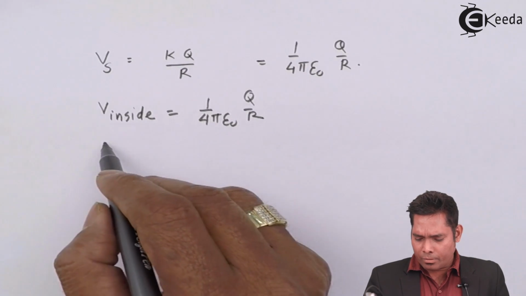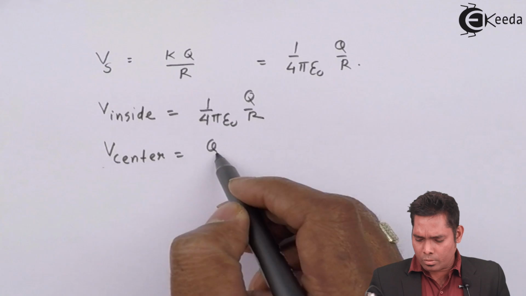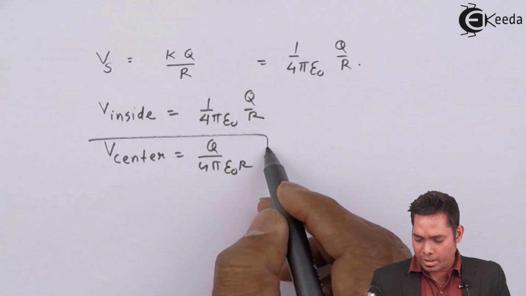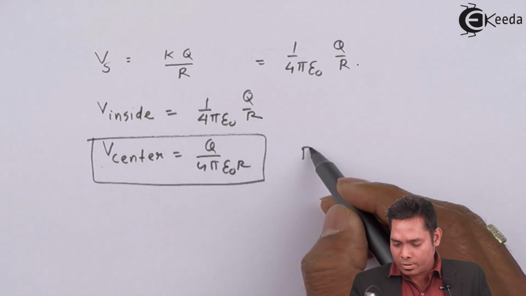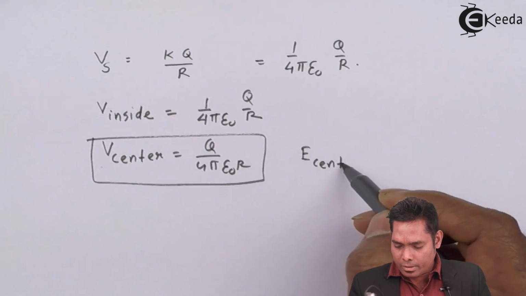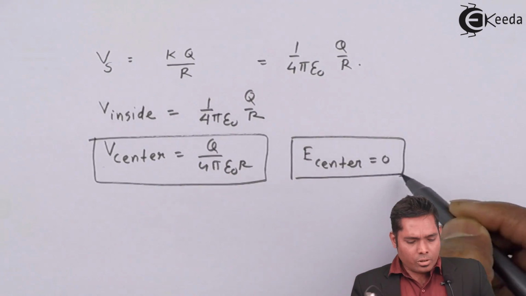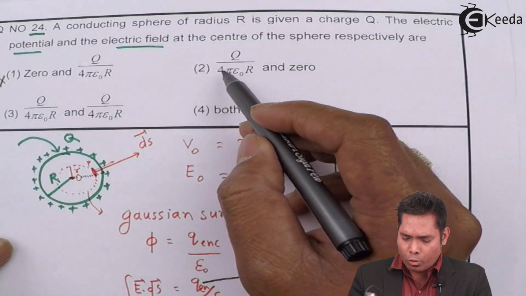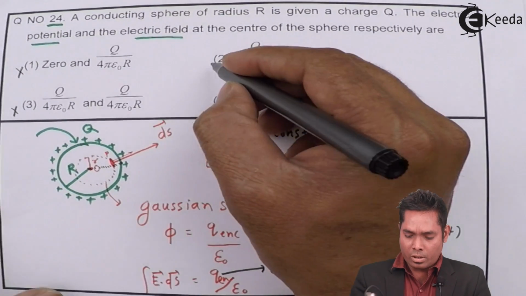So for the center, it will also be q over 4 pi epsilon naught r. So potential at the center is this, and electric field at the center is 0. If I see the options, q over 4 pi epsilon naught r and 0, so this is the answer to this question.